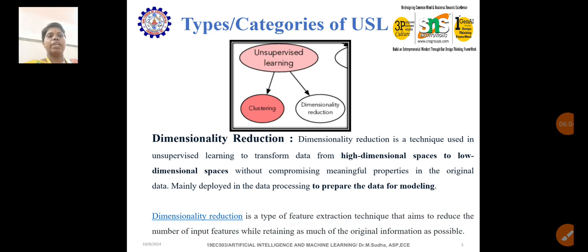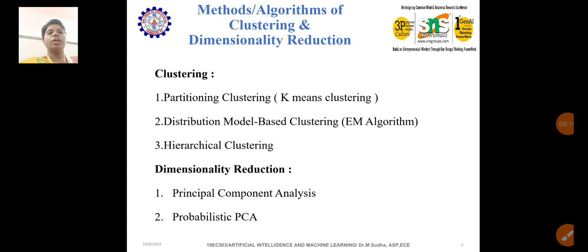In this video we have discussed the categories of unsupervised learning: the first category is clustering, and the other is dimensionality reduction. What about the methods and algorithms under clustering and dimensionality reduction?